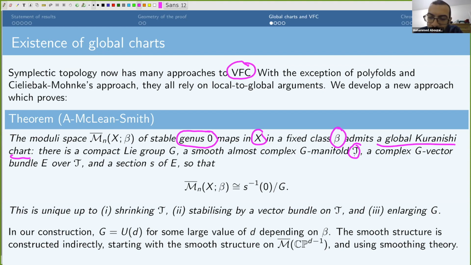This is what we call the thickening. This almost complex manifold has an action of a compact Lie group G. And this action has finite stabilizers.